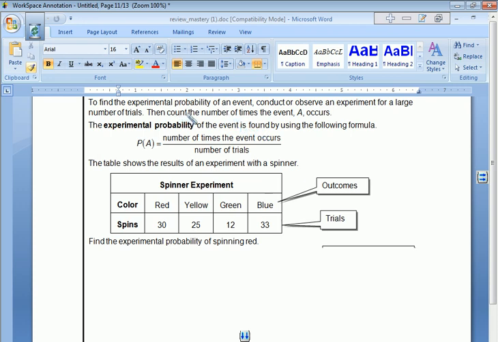With experimental probability, sometimes we're given information and we just do favorable over total. If we actually did an experiment, that's where you count. Okay, I spun the spinner. It landed on red 30 times, yellow 25 times, green 12 times, blue 33 times. So if they asked me for the experimental probability of spinning red, it would be 30 out of the total number of trials. So how many total trials were there?